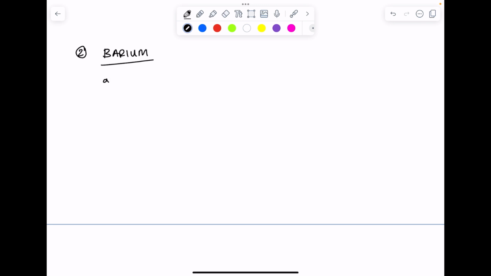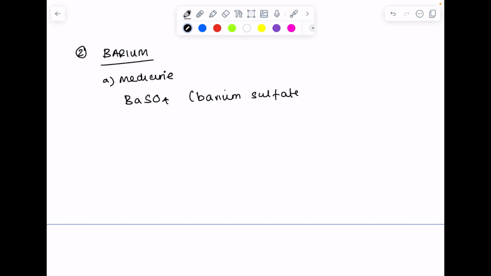Let's start with its medicine role. Now, in its role in medicine, it's barium sulfate, BaSO4, and again, its use relies upon it being insoluble.